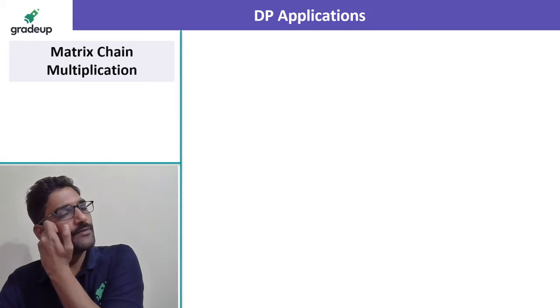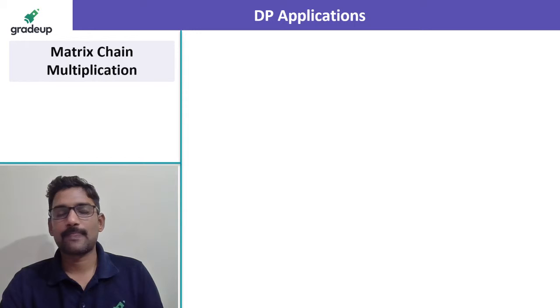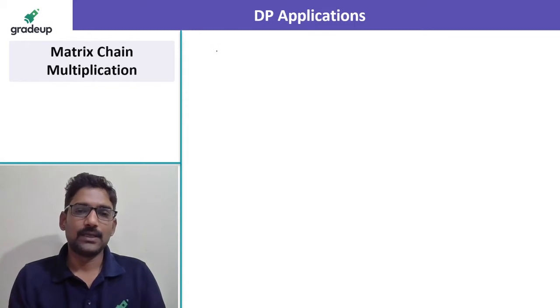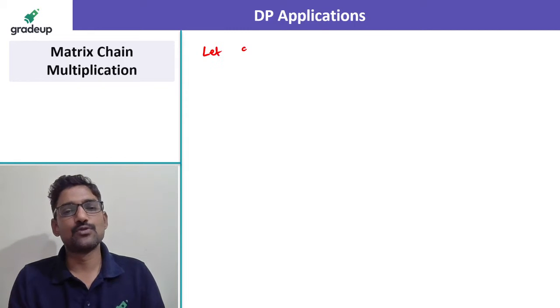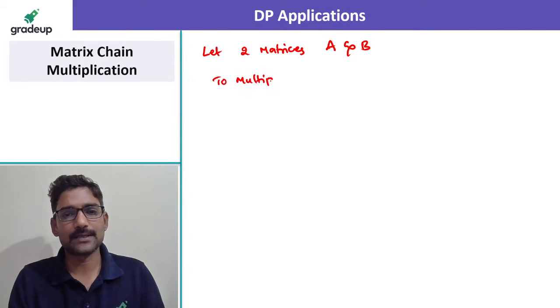Another application of dynamic programming is matrix chain multiplication. What actually this matrix chain multiplication is? Let you are given two matrices A and B. To multiply these two matrices, what is the condition?